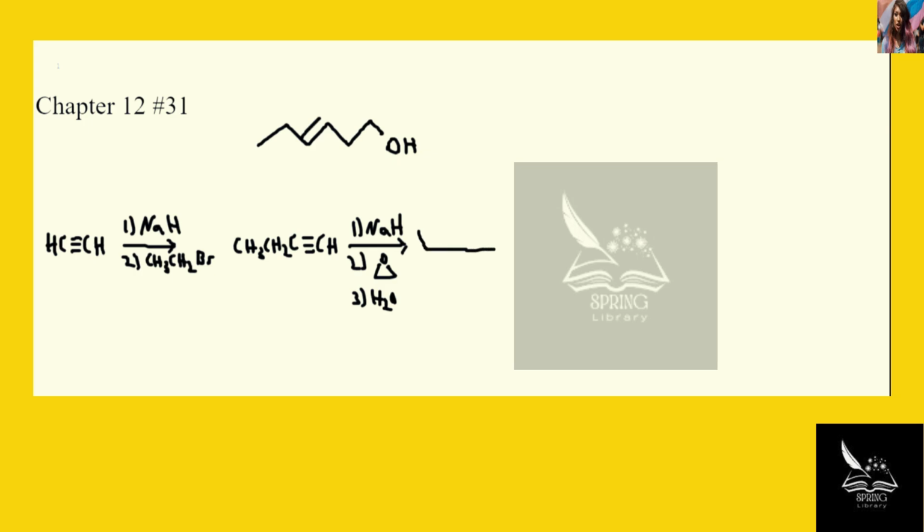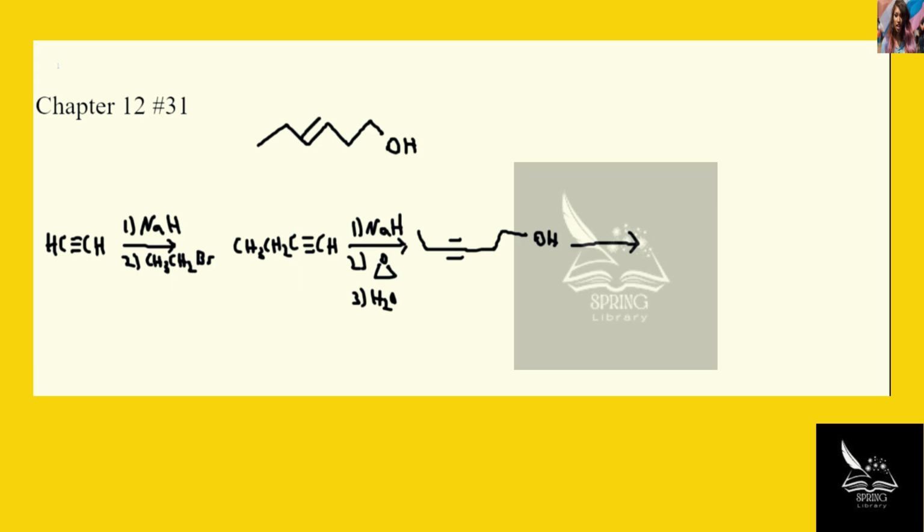So I'll switch to skeletal notation here. 1, 2, 3, 4, 5, 6, 7. Okay. And so now all we need to do is a reduction of this alkyne to an alkene.